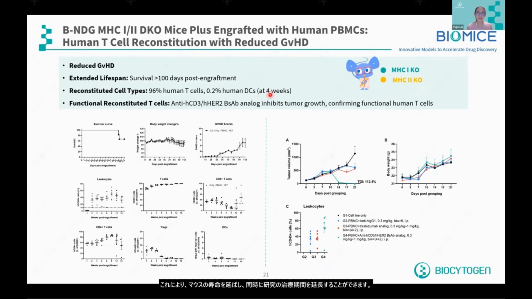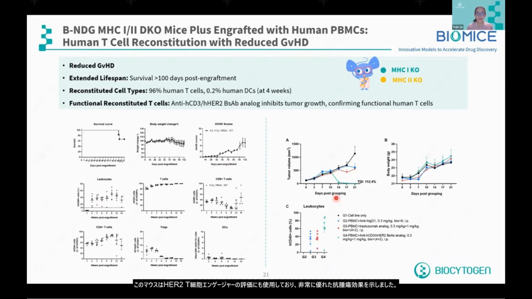This allows us to extend the lifetime of the mice and meanwhile prolong the treatment window for the study. We can see that the mice can survive more than 100 days post engraftment of PBMC, and the GVHD score comes up at 42 days. The mice can also get very good reconstitution levels after the PBMC reconstitution.